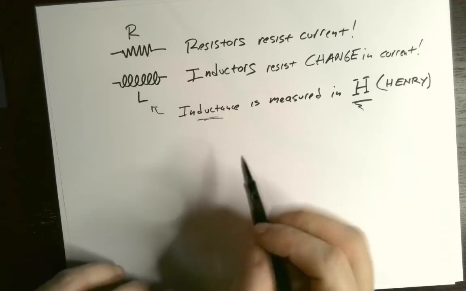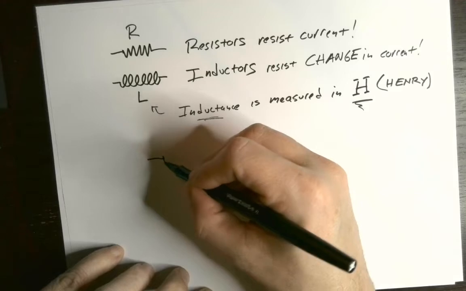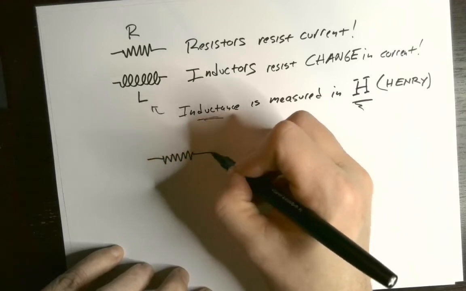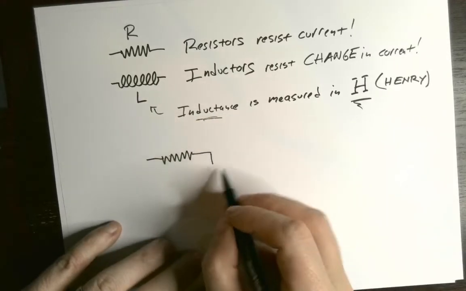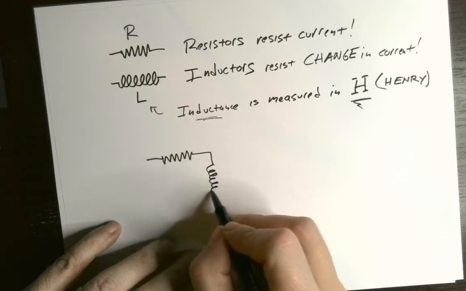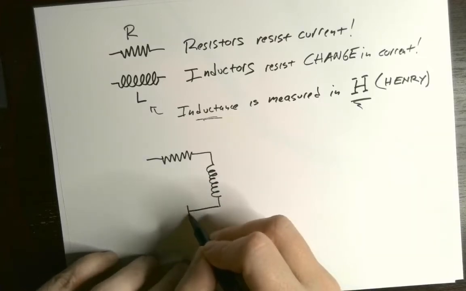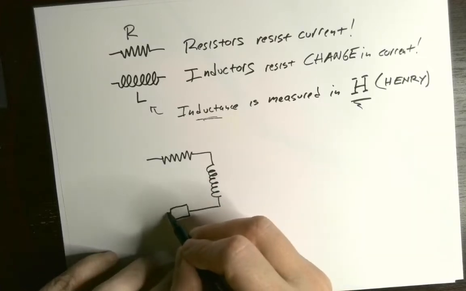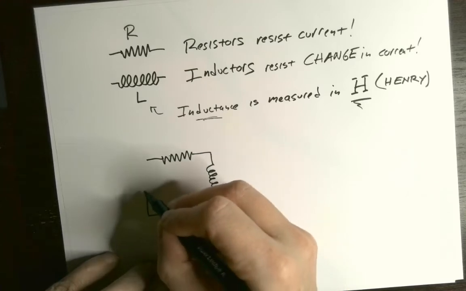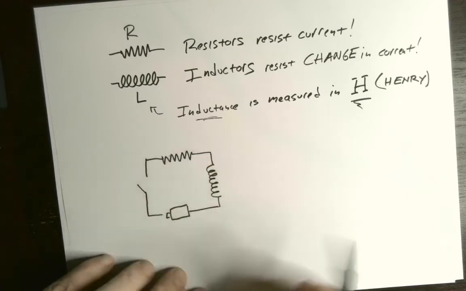Where things get interesting is if you've got a circuit that has, say, a resistor in it and an inductor in it and a battery and, let's say, a switch. Okay.